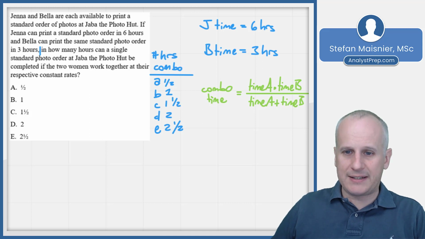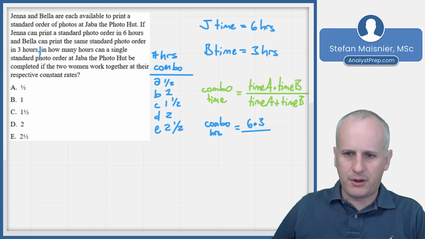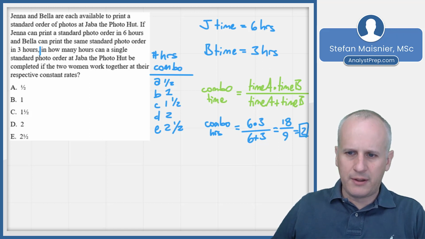And so we've got our combo hours is going to be equal to 6 times 3 all over 6 plus 3. And that's going to be equal to 18 over 9, which is equal to 2. And there is one possible path to solving.